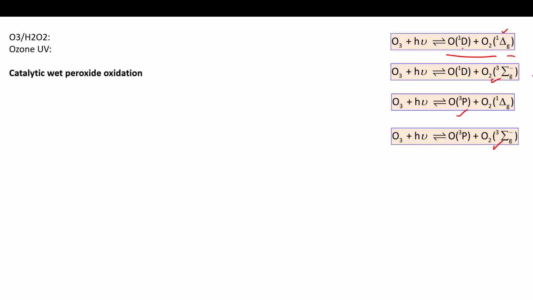And last is chemical catalytic wet peroxide oxidation, right? So before that, do you have any doubts so far?